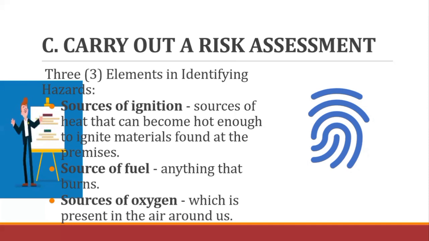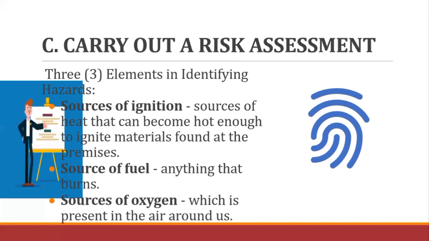So what do you think, in your house or in your building, in your classroom, or in the school, is the possibility of where the sources of ignition may come out? The source of heat may come out. You have to identify because those can be the potential that may carry out fire.